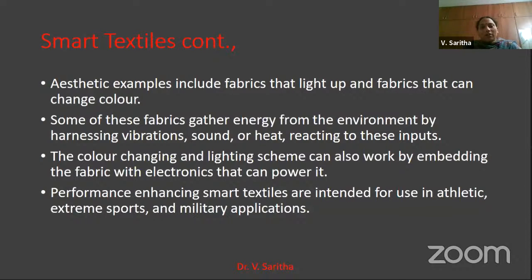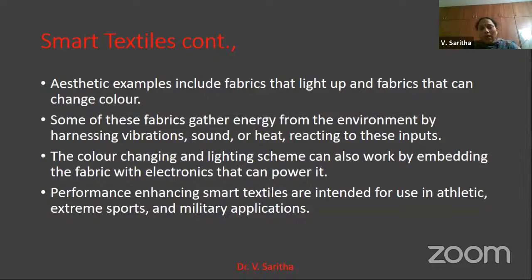Some of these fabrics gather energy from the environment by harnessing vibrations, sound, or heat, reacting to these inputs. This we will see in detail after some time. Whenever we are talking about a smart device, definitely power should be supplied.